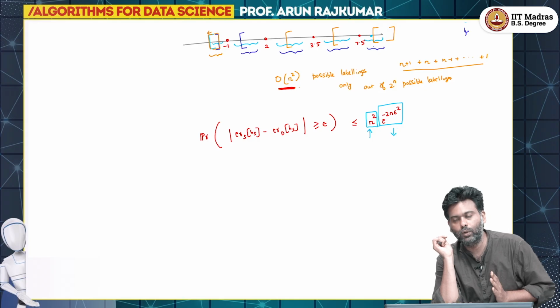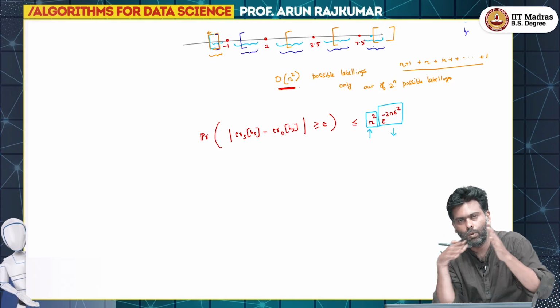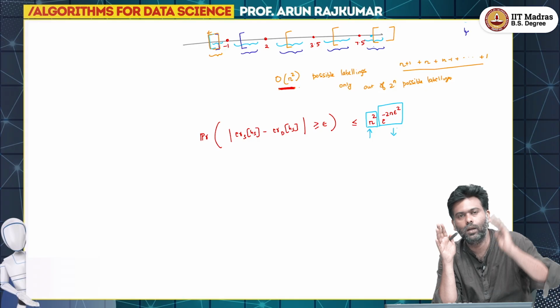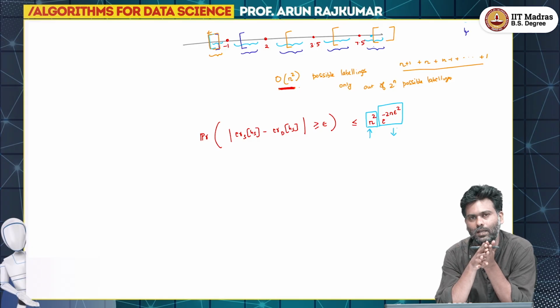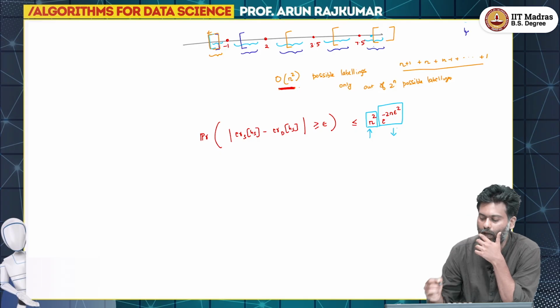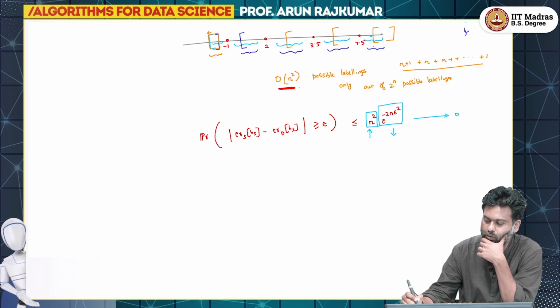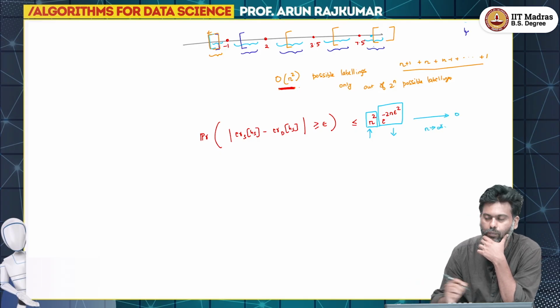In other words, the increase does not compensate for the decrease. It is only n squared, but it is decreasing as e to the minus 2 n epsilon squared. That is a much faster decrease than how much this increase can tackle, and that is a good thing, because this will go to 0 as n goes to infinity.